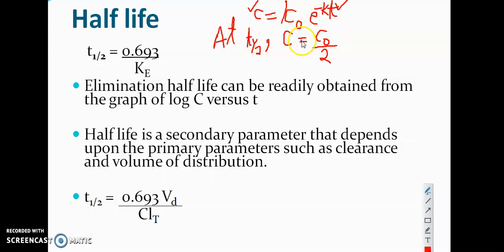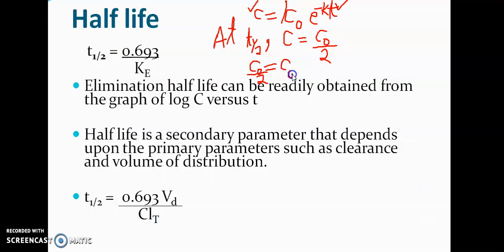So we can put C equals C naught by 2 at T half.